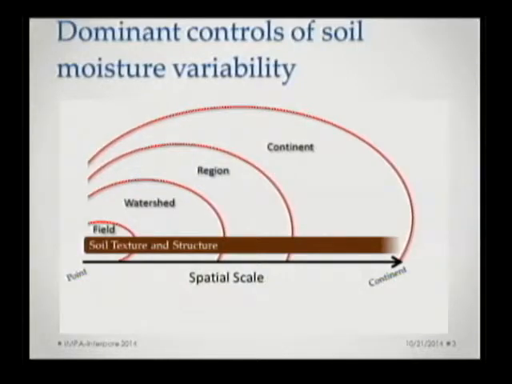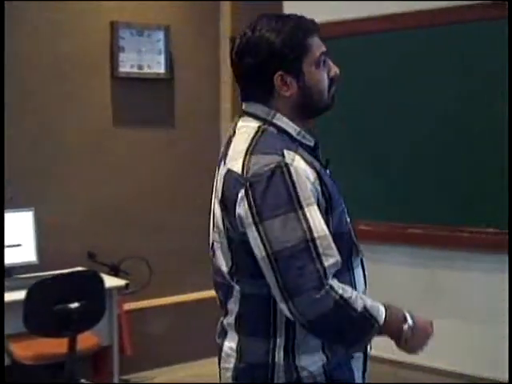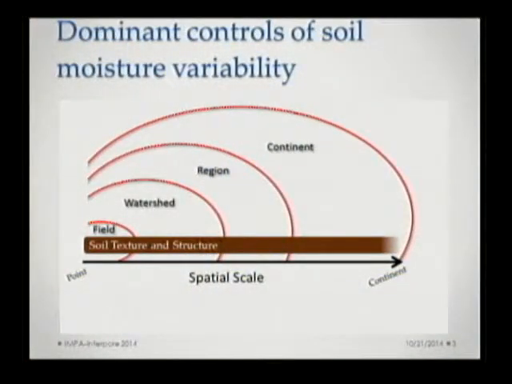It's all soil moisture or soil hydraulic properties, so the soil governs everything. But we found that that might be true for small scales, maybe a few meters or a couple of 100 meters. But then as you go coarser, you have other features which can influence the soil moisture variability, such as maybe the topography or the vegetation or even the climate patterns, right?